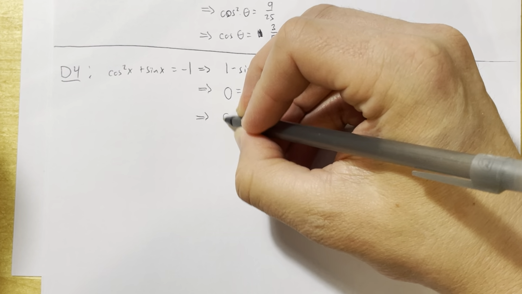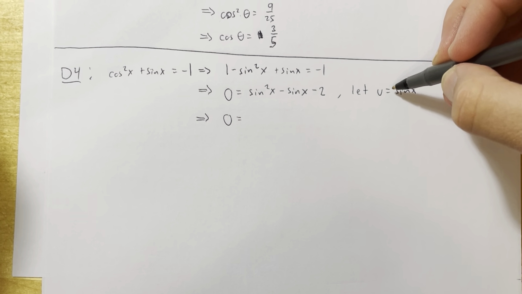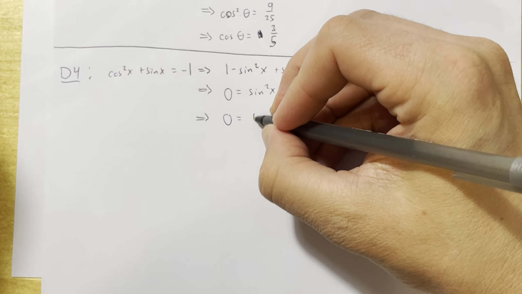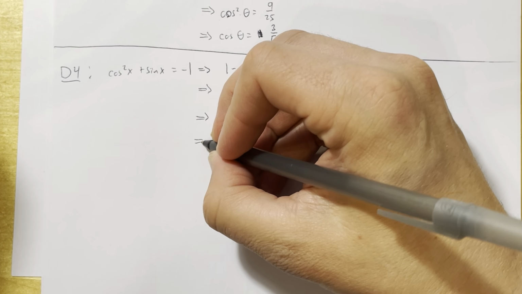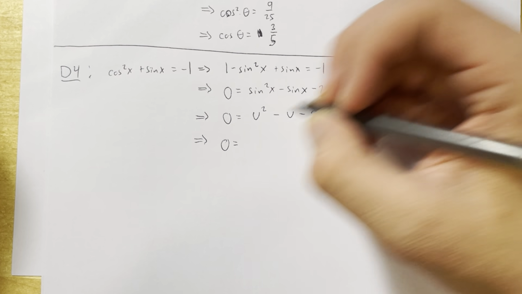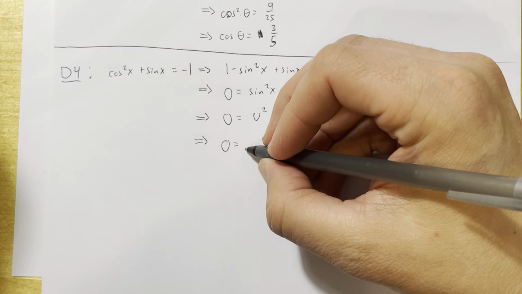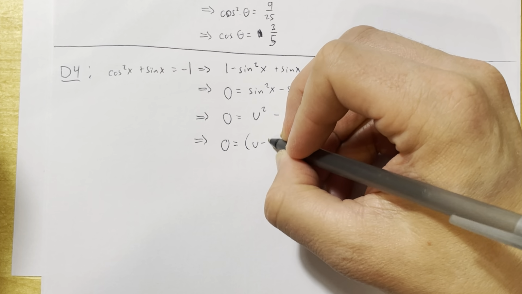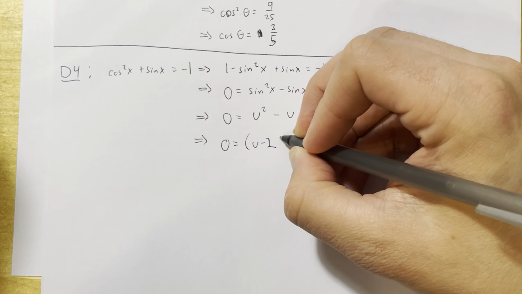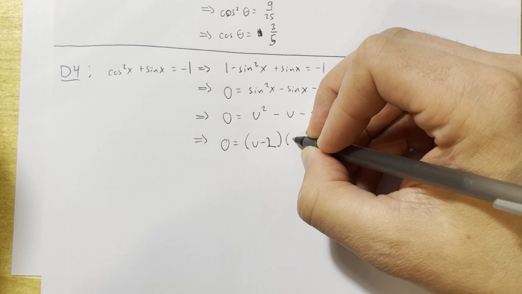Anyways, moving on, we have 0 equals, making our substitutions, this becomes u squared minus u minus 2. Can we factor that? Let's see. 0 is going to equal u minus 2, u plus 1.